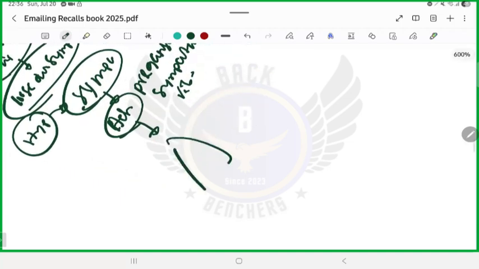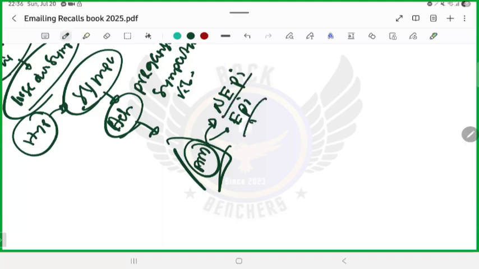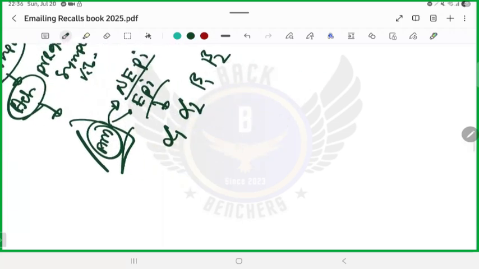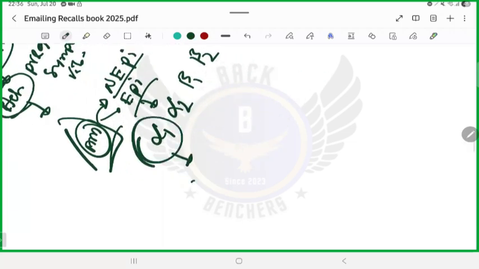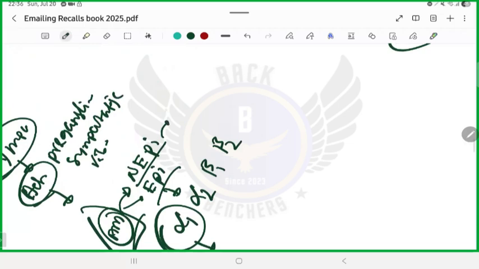Acetylcholine goes to the adrenal medulla. The adrenal medulla secretes epinephrine and norepinephrine. Now, epinephrine stimulates alpha 1, alpha 2, beta 1, beta 2. Alpha 1 is a powerful vasoconstrictor, but norepinephrine works more on alpha 1. Epinephrine works less on the others.